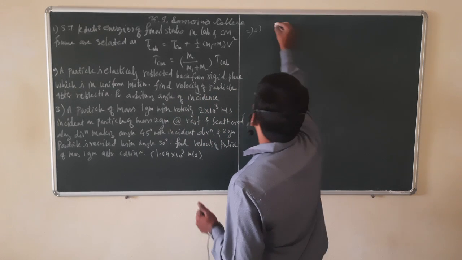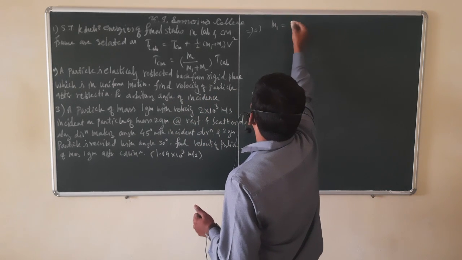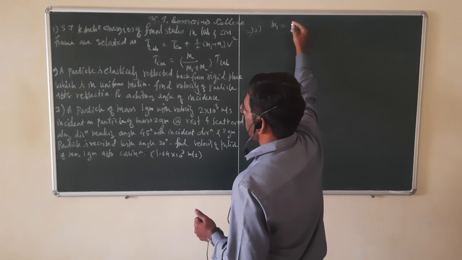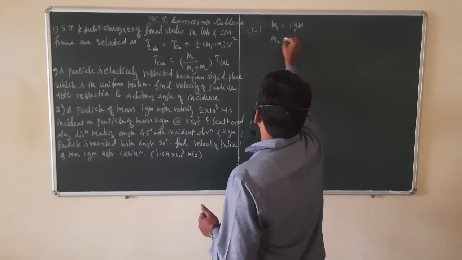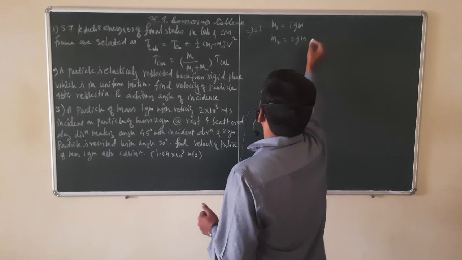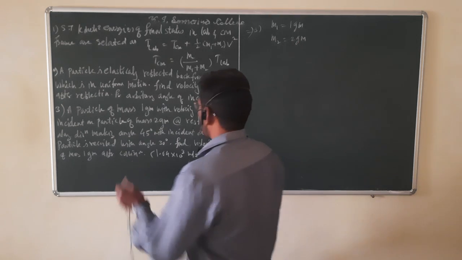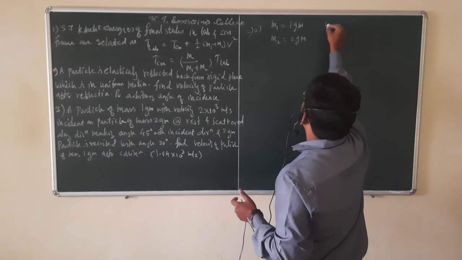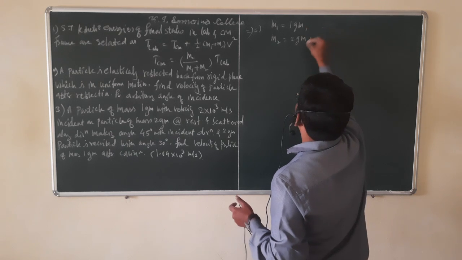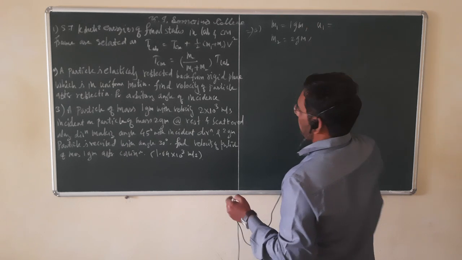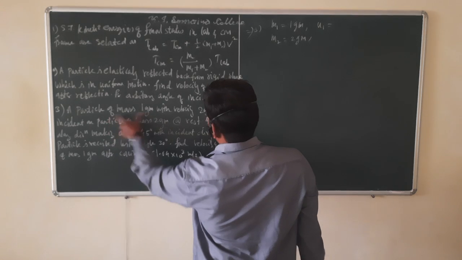So first of all, let m1 be the incident particle having mass 1 gram, and m2 the target particle having mass 2 gram. The velocity of incidence is u1 for the first particle.